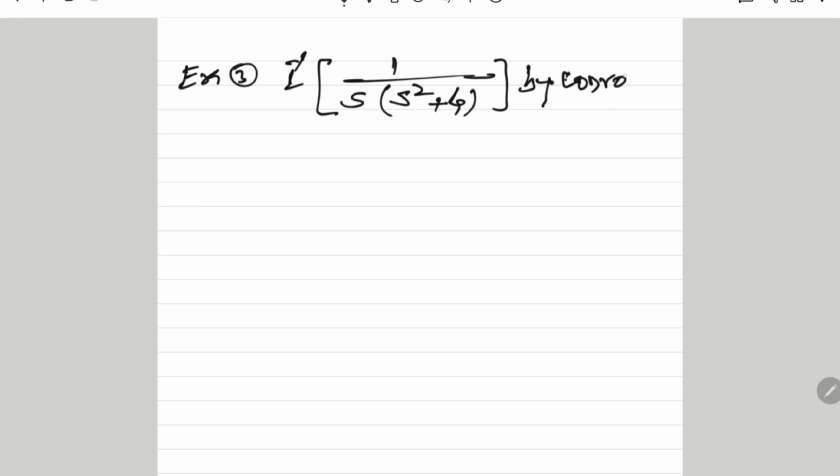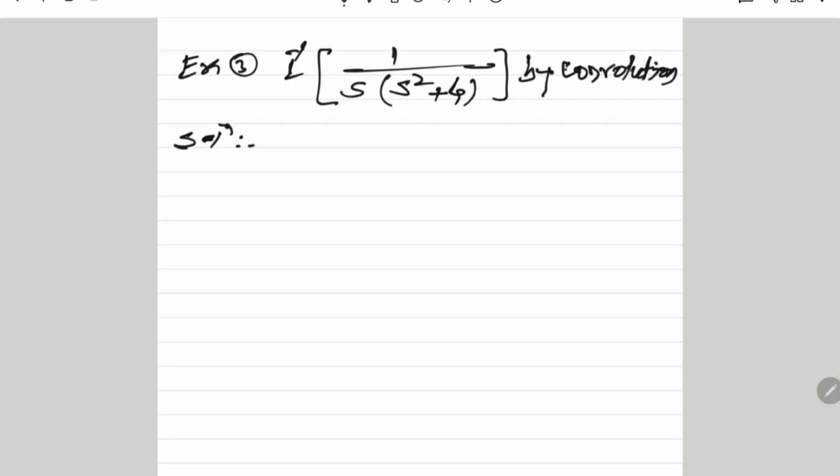Third example, find inverse of 1 by s multiplied by s square plus 4 by convolution. To apply the convolution method to find the inverse, we once again obtain the individual inverses.